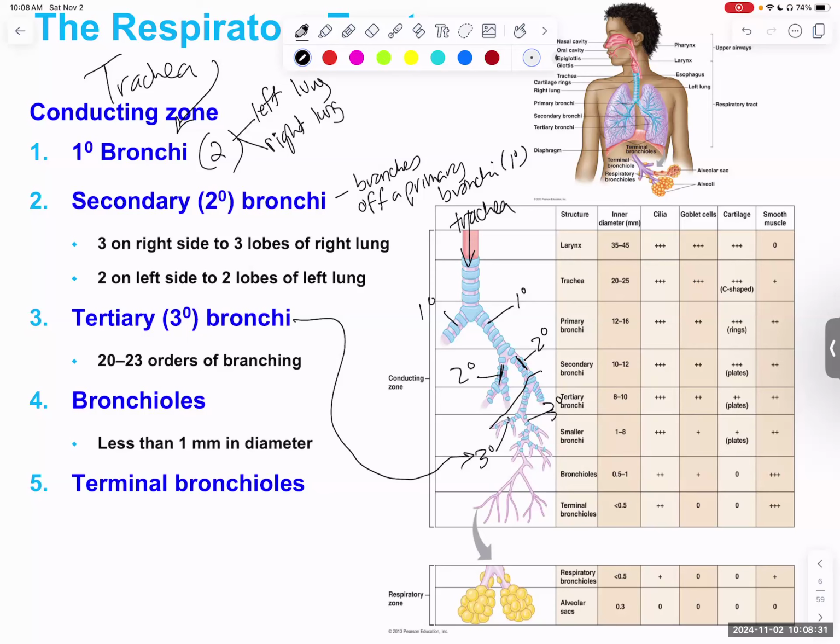So these are tertiary. There are going to be several tertiary bronchi off a secondary. And I was a little bit wrong there. So here's a tertiary, here's a tertiary. Everything then connected to that tertiary becomes a bronchopulmonary segment.